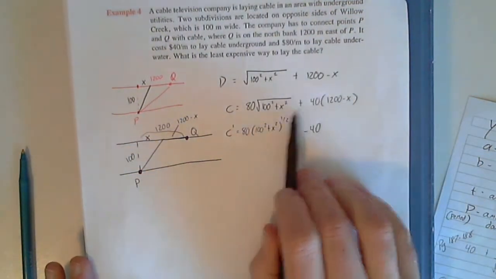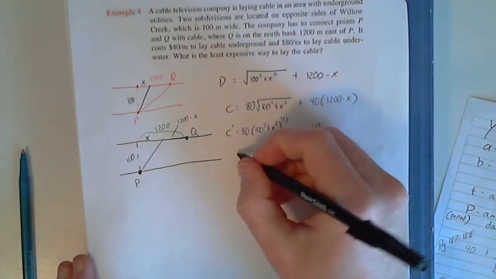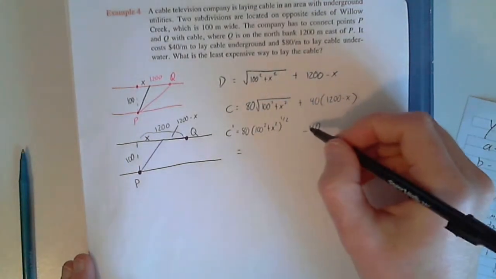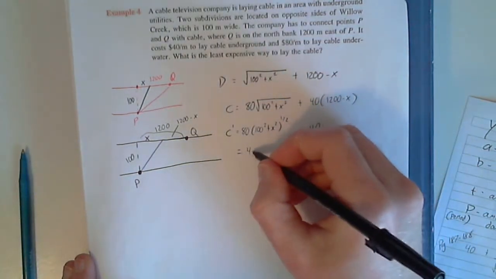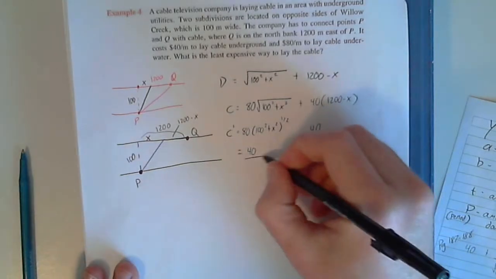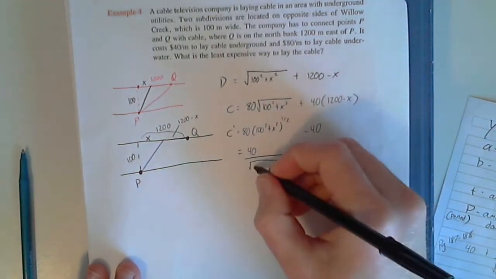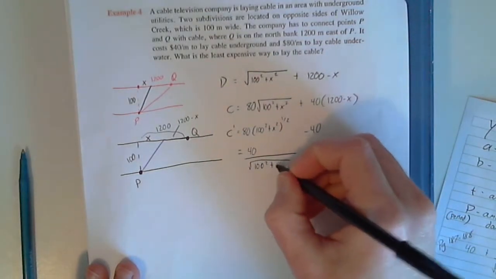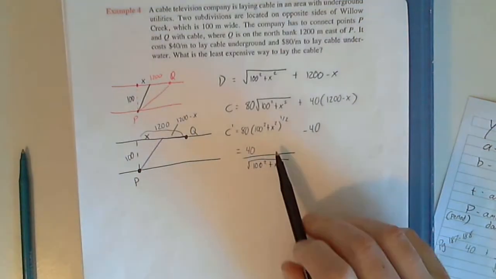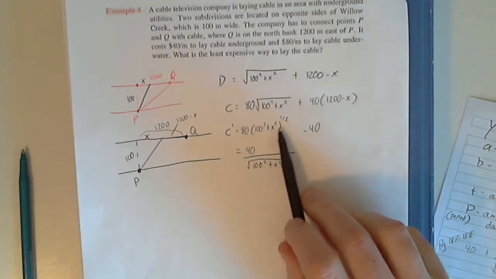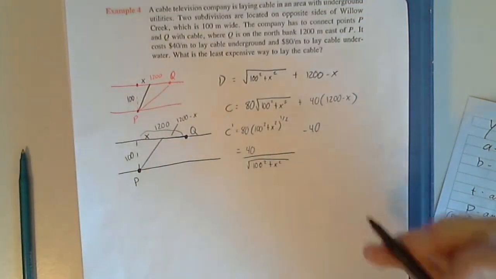So the half comes down and it becomes negative a half. So it's going to be 40. And this thing comes to the bottom with a negative a half. So it's going to be a root on the bottom, 100 squared plus x squared. And then times the derivative of the inside, which is going to be 2x.